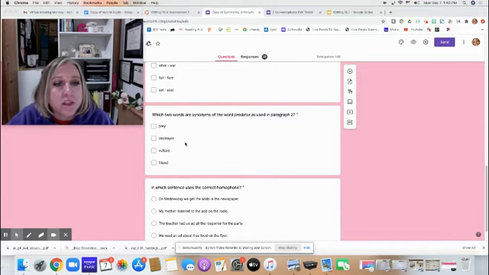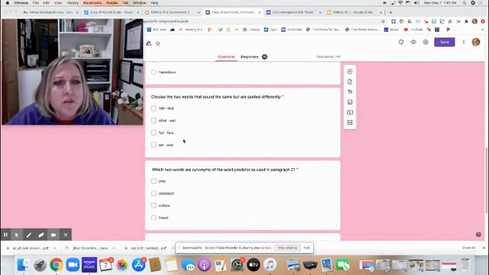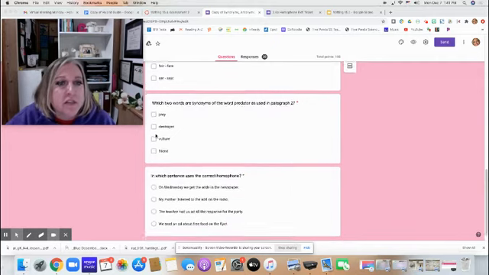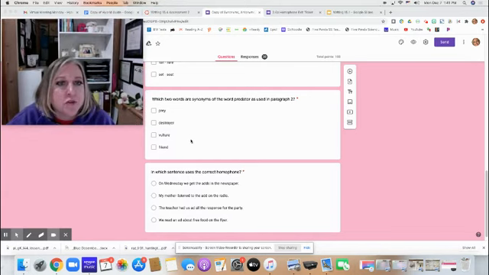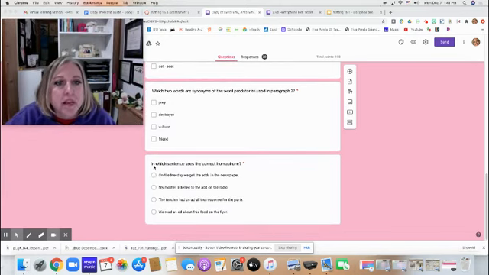The only time you know it's not two answers is this one right here, which has the two words next to each other. These ones do not, so it's asking for two answers. And then, which sentence uses the correct homophone? Just like that last one, which one is using the homophone correctly? On Wednesday, we get the ads in the newspaper.